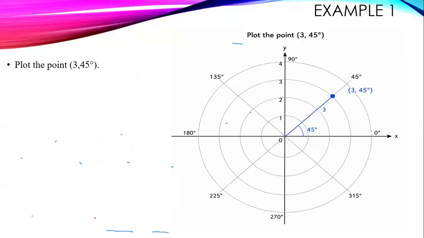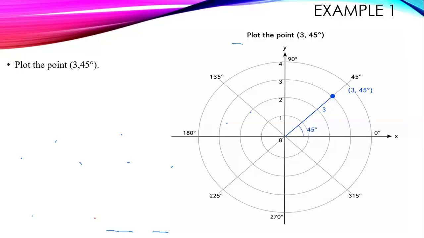So we have this example here as it relates to plotting a point. It shows the point 3 with a degree of 45. So we are moving 3 on the y-axis and we're moving at an angle of 45 degrees.